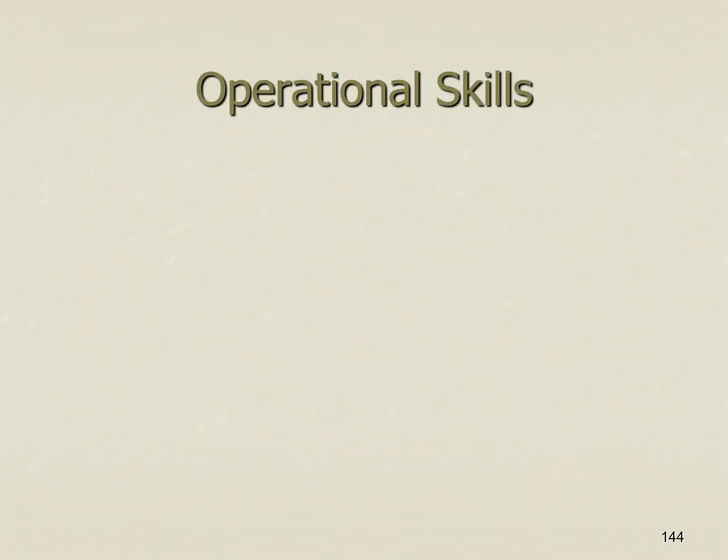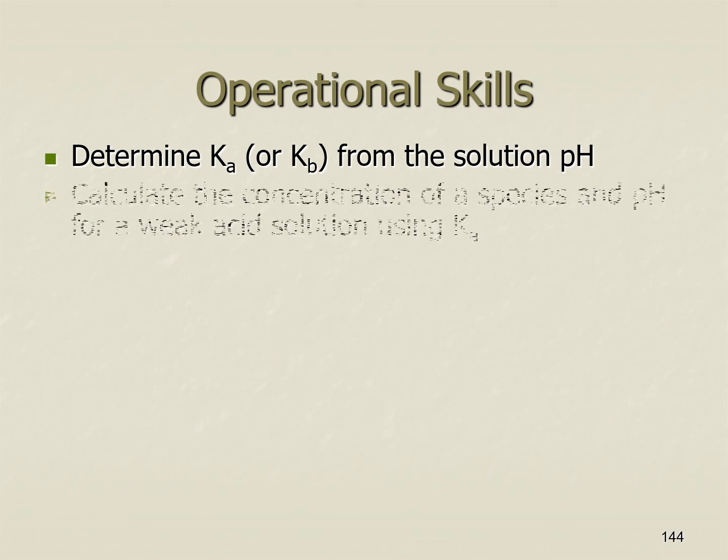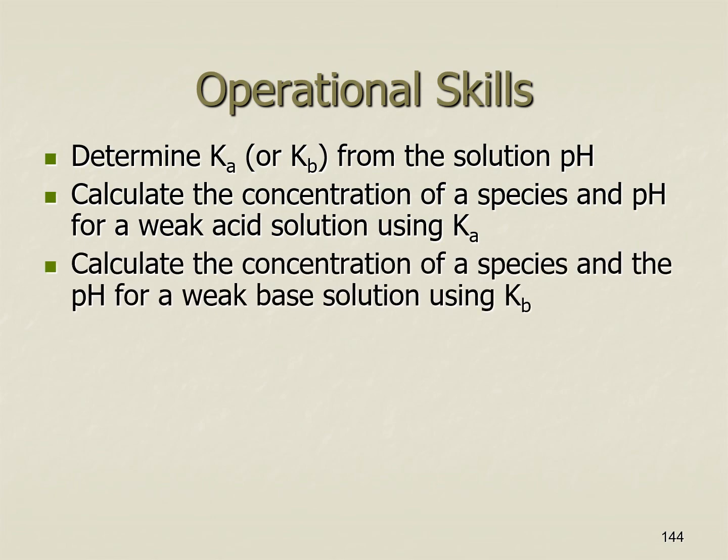So what should you be able to do in this chapter? There's a whole lot. You should be able to determine Ka from the solution pH, or Kb. You should be able to calculate the concentration of a species and the pH for a weak acid solution using the Ka. You should be able to calculate the concentration of a species and a pH for a weak base using Kb.